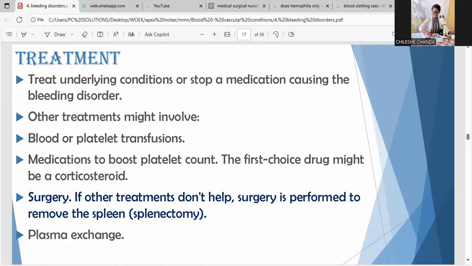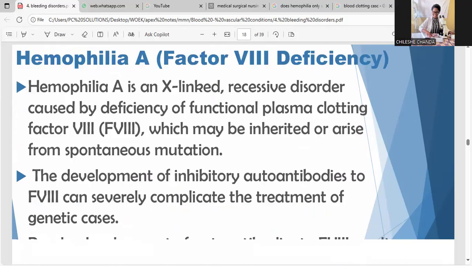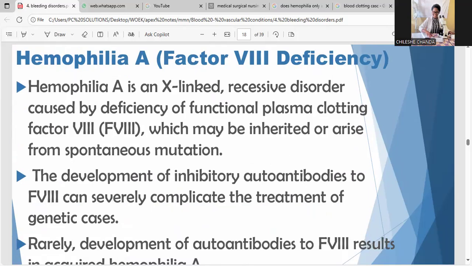And then we have other treatments that may involve transfusing this patient with platelets or with blood, medications that boost platelet count, okay? And this could be maybe a corticosteroid. So surgery may be performed to remove the spleen because the spleen may be involved in breaking down components of blood clotting, including platelets.